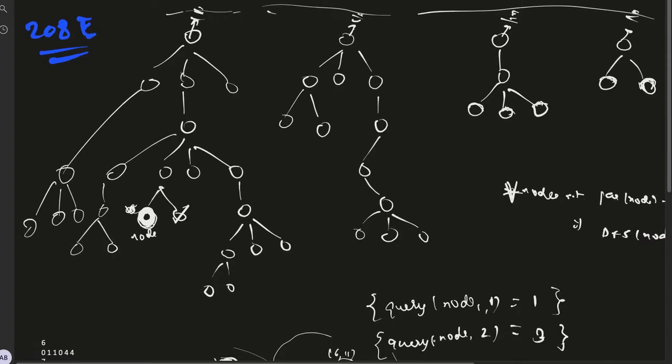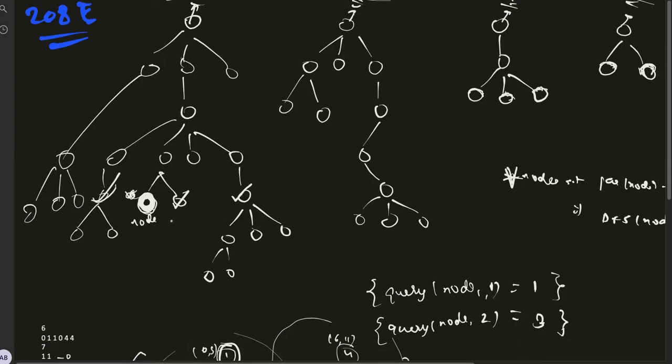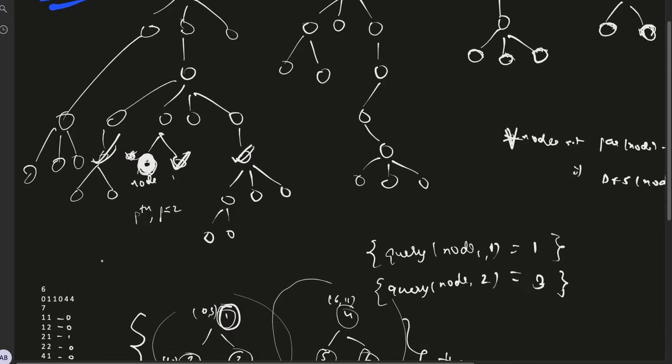Considering another example, if p was 2 instead of 1, then the answer would have been this, this and this. So the answer would have been 3 because these are the three pth cousins, where p is equal to 2, of this node.